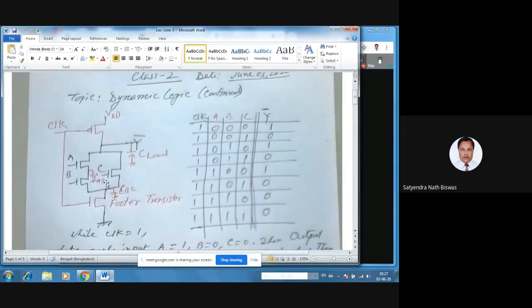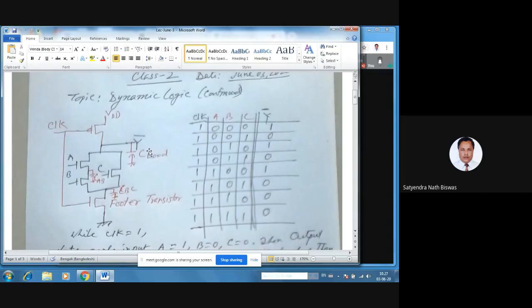Let's say the voltage dropped from 1.2 to 1 volt. Now again, if we do the same condition with the same inputs, this output voltage of 1 will be reduced further down to, let's say, 0.8.